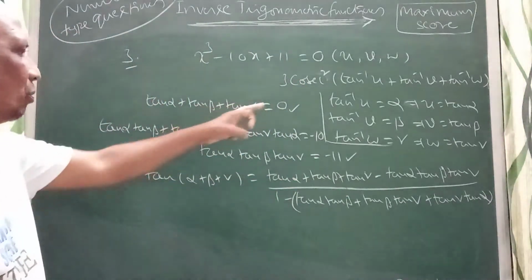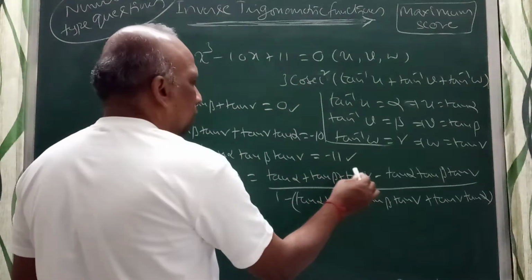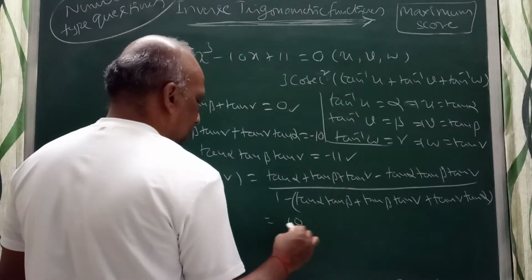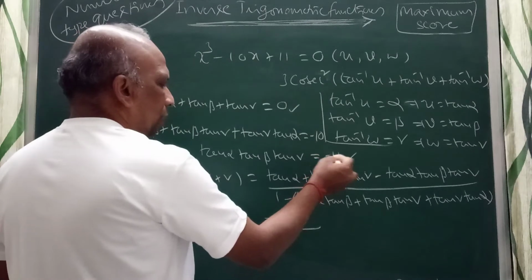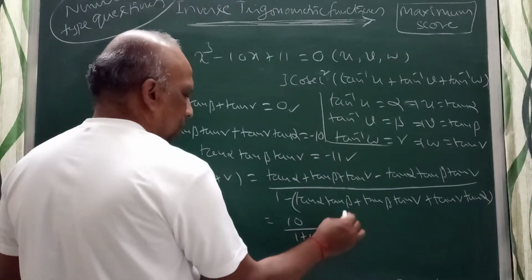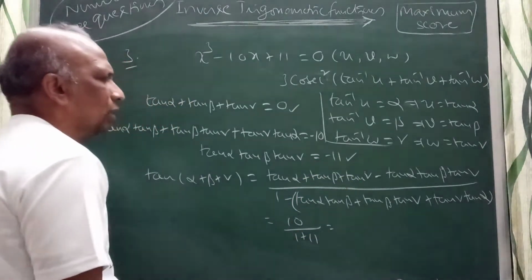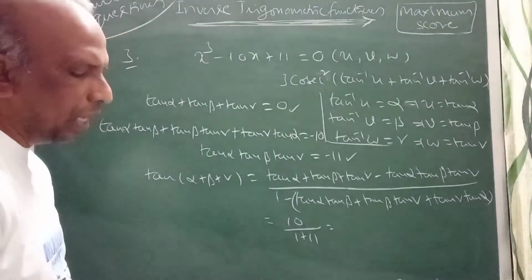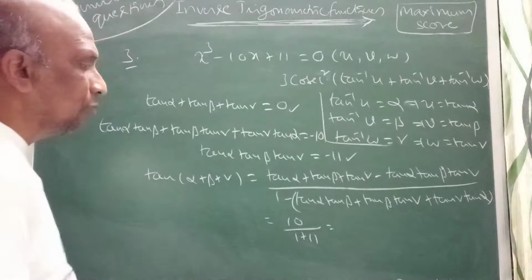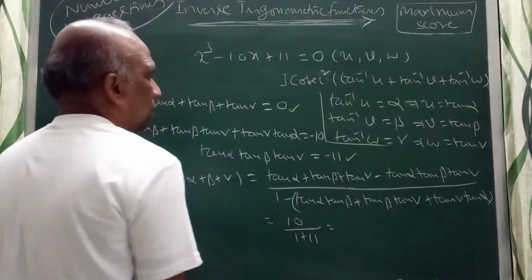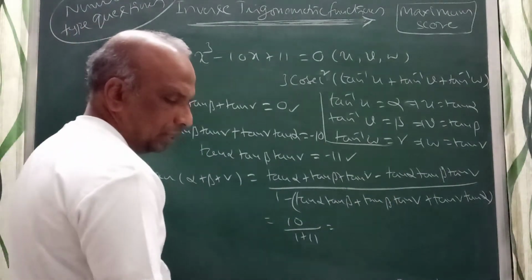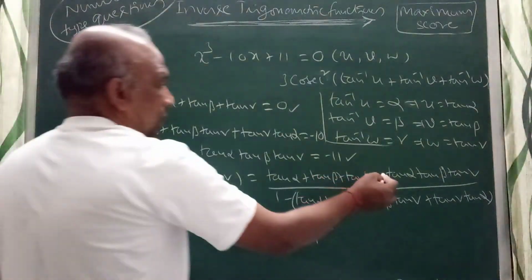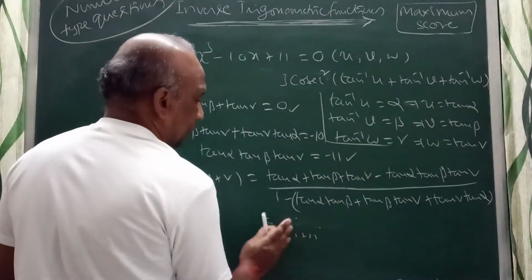But we know this value is 0. This value is minus 10; minus of minus, we get plus 10. By this value we know minus 11. Sorry, should be careful when writing the value.